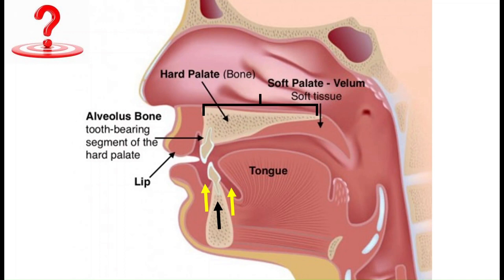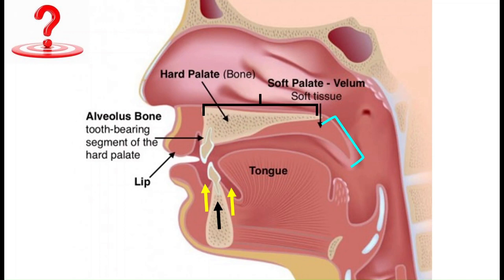The roof of the mouth here is represented by the hard palate. The hard palate, as you know now, is made of the maxilla and the palatine bone. So the anterior part is hard and the posterior part is muscular.